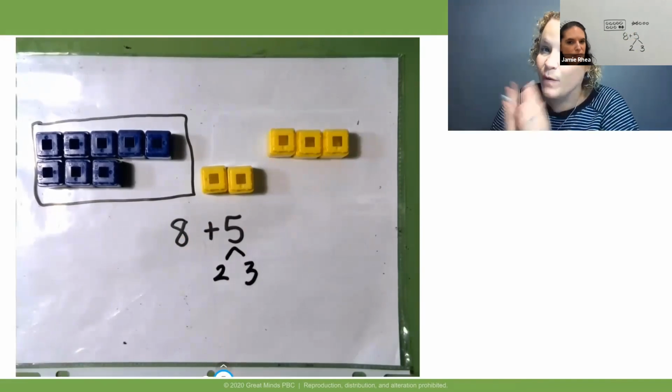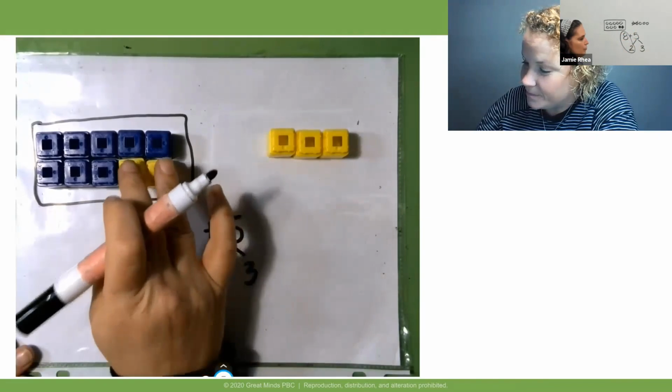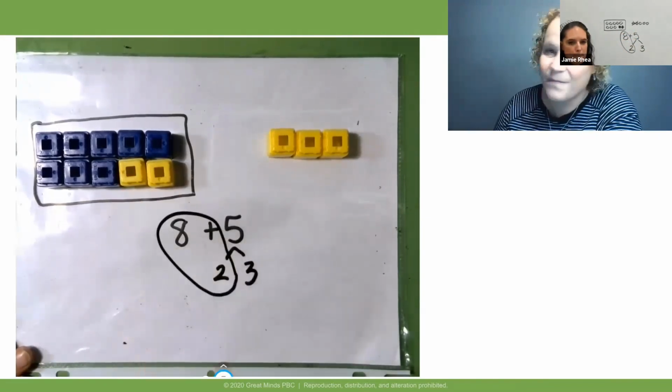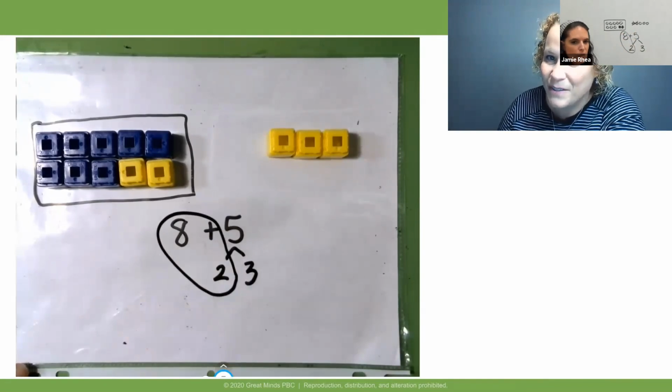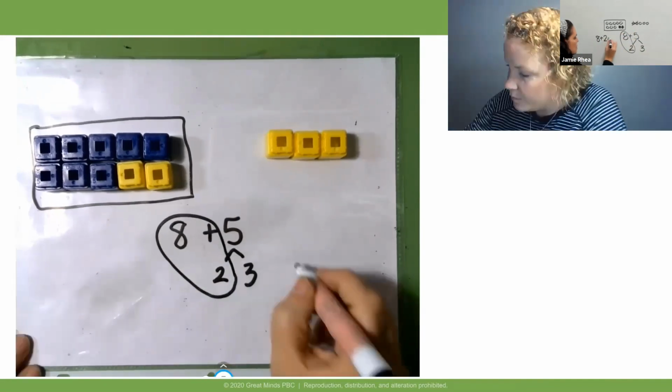Then we put 8 and 2 together. Circle our 8 and 2. And what is 8 plus 2? 8 plus 2 equals 10.